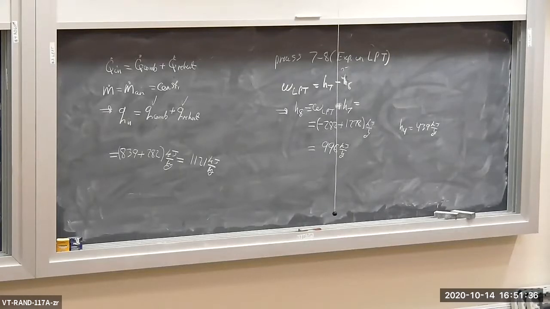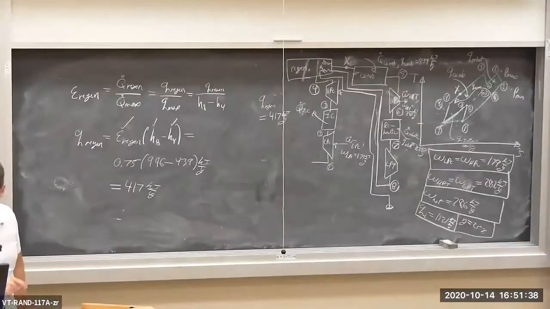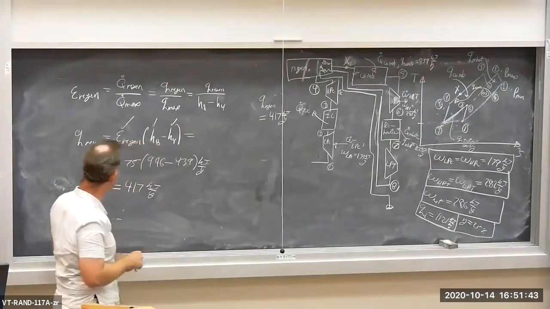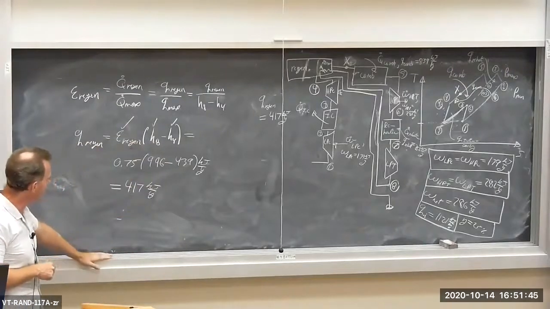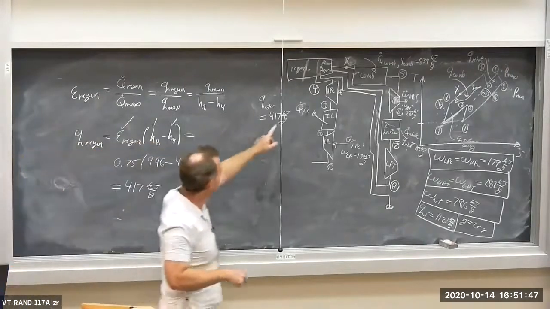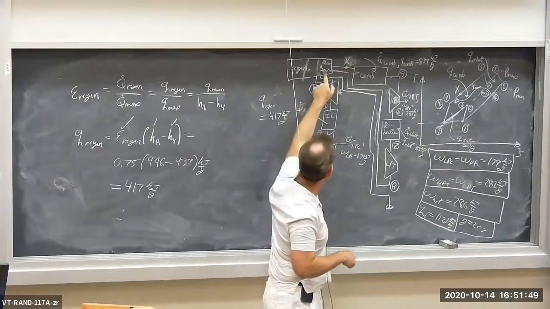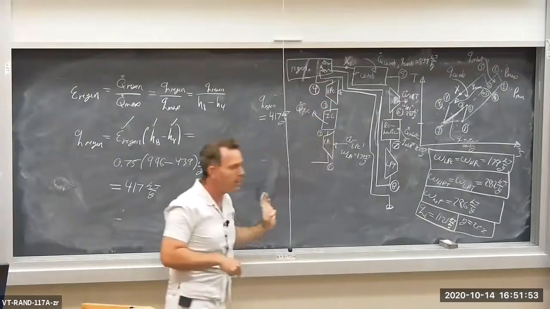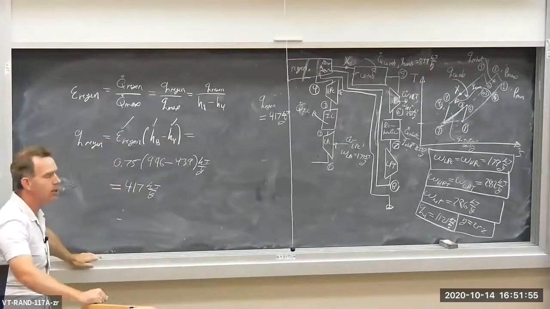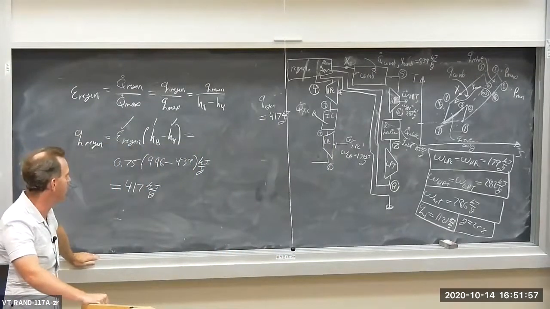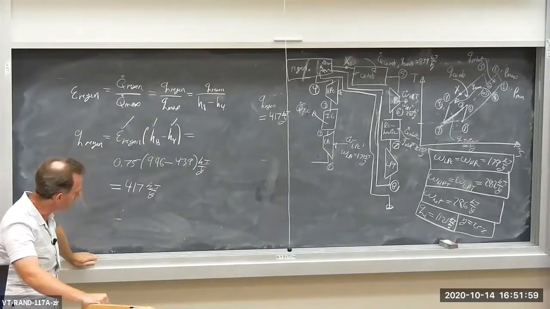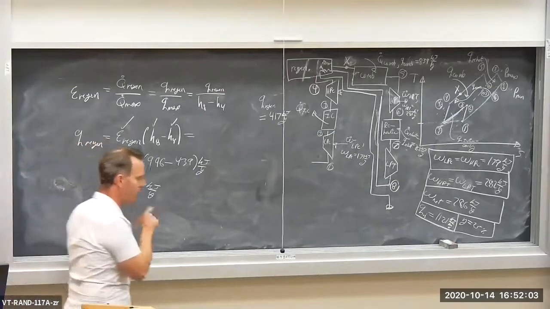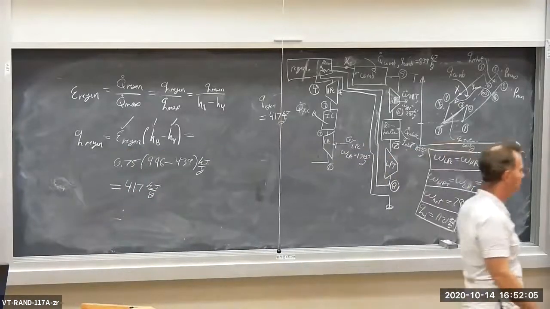So we're, oops, sorry about that. Just plugged in for H8, H4, and the regenerator effectiveness. 417 kilojoules per kilogram is the heat transfer from the hot LPT exit gas into the cool HPC exit to preheat the air. Okay? Now, what's the total heat transfer for this system once I have the regenerator?